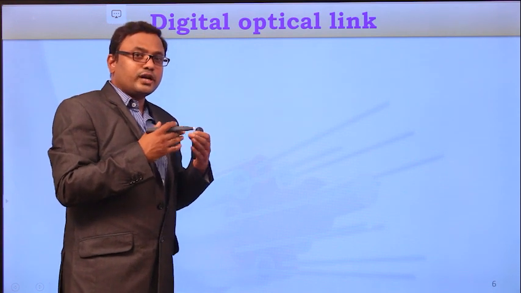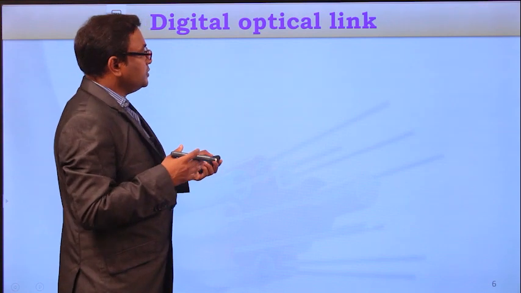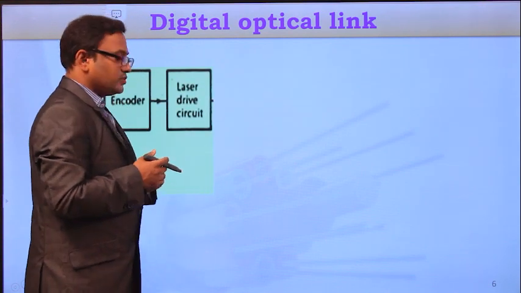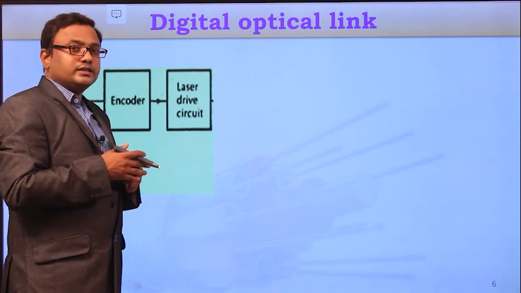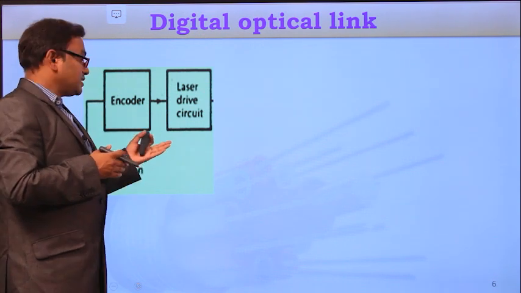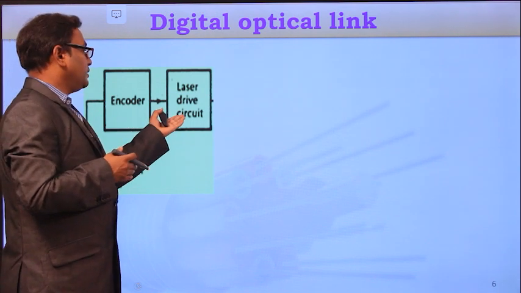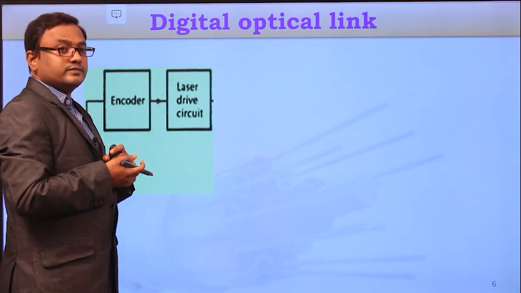Now we are going to convey this digital information using the optical communication system. For that we need the transmitter section. Generally the transmitter section consists of an encoder and a drive circuit.